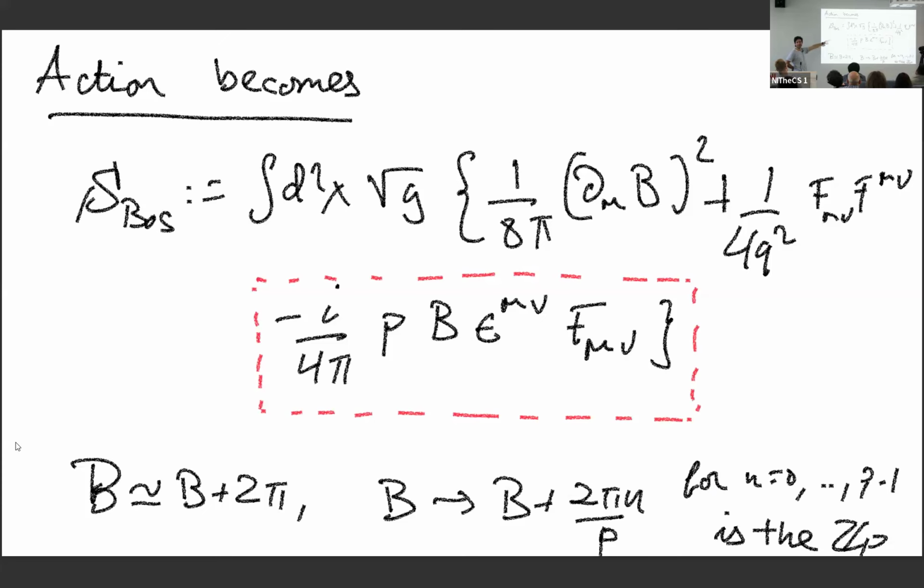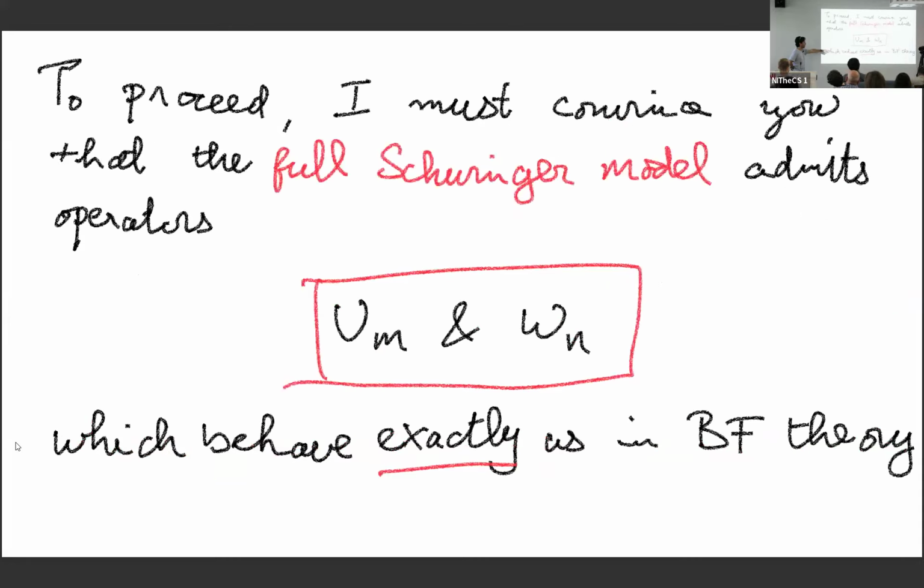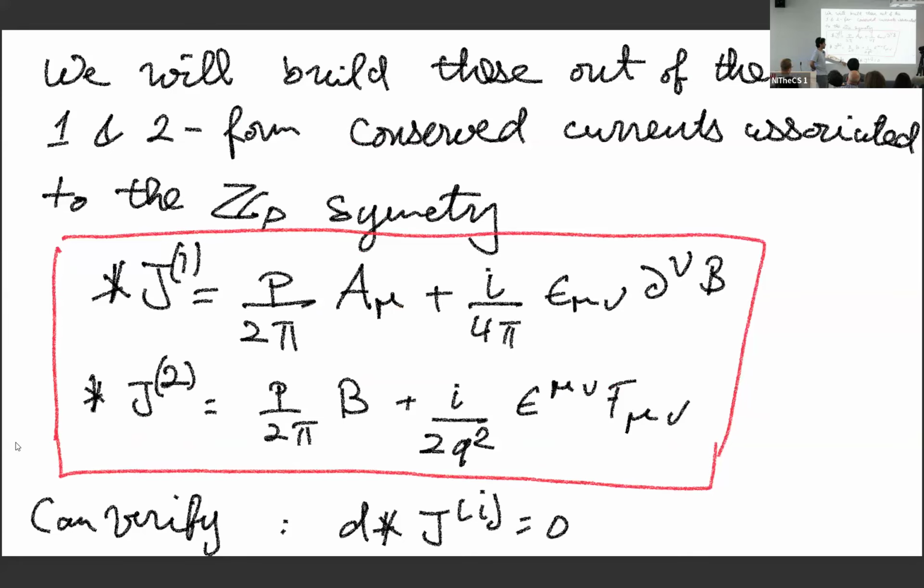I can write down the equations of motion of this theory, and they can be written as current conservation equations. D of star of each of these currents is conserved. So I can insert these currents into an exponent and move them around. It doesn't matter where I insert these currents. These are also topological operators in the exact same way.